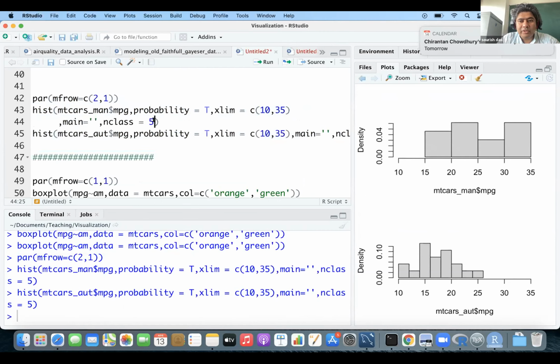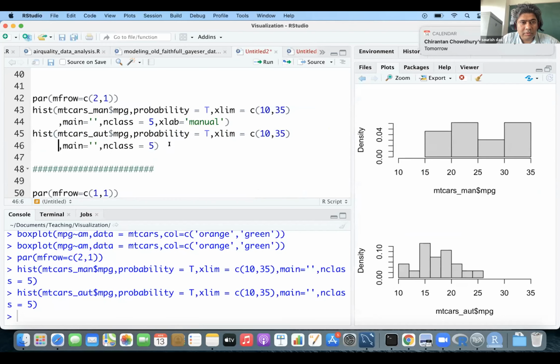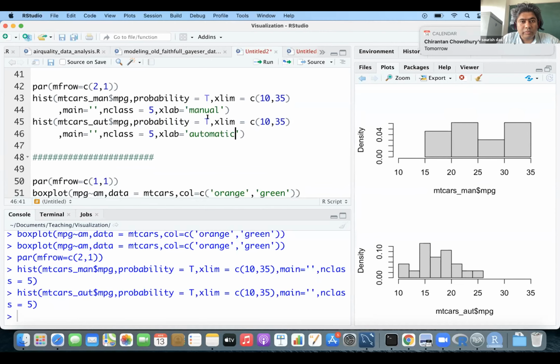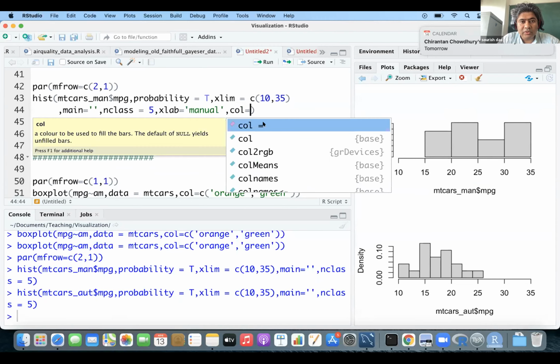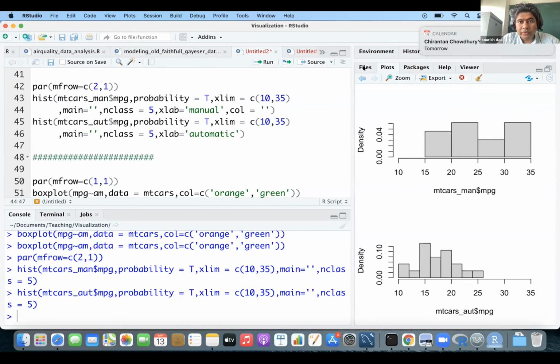let me put the first one as manual, and the second one is the automatic. Color also, let us maintain the same color, then it will be easier for us to understand which one I want.